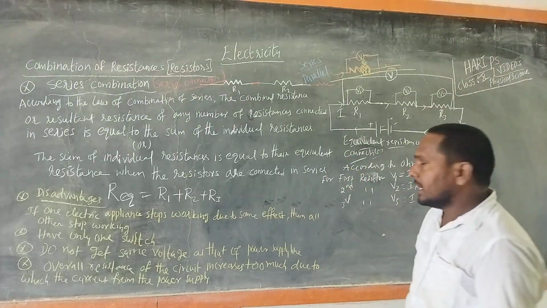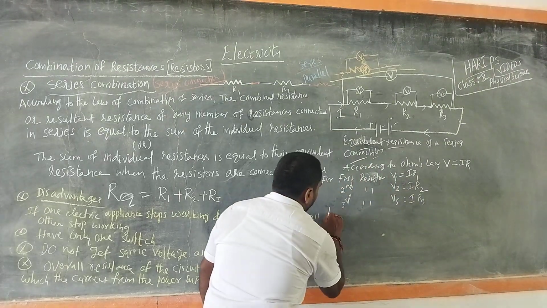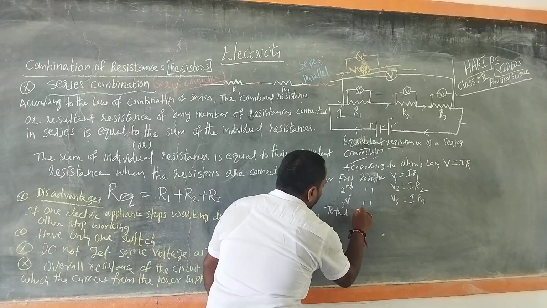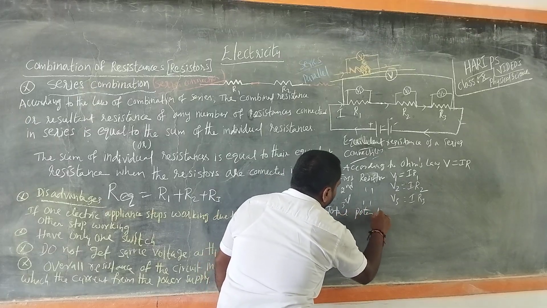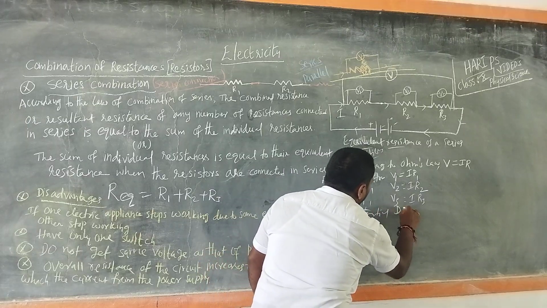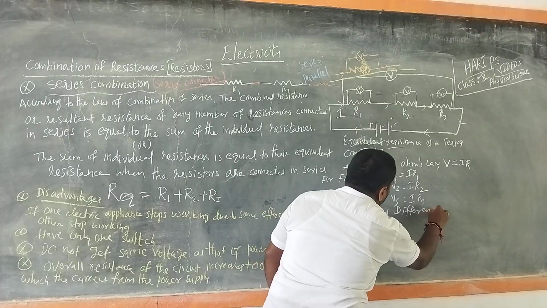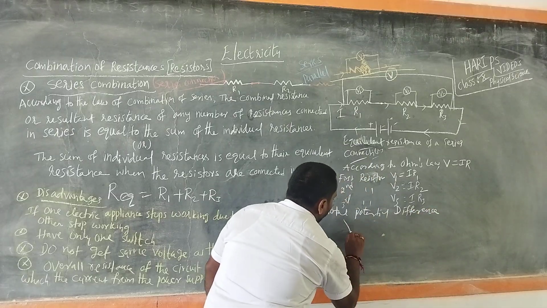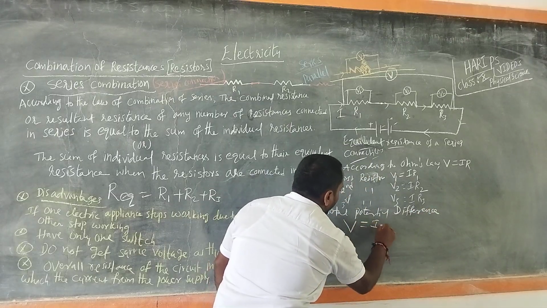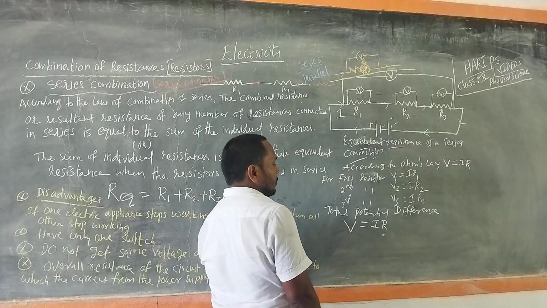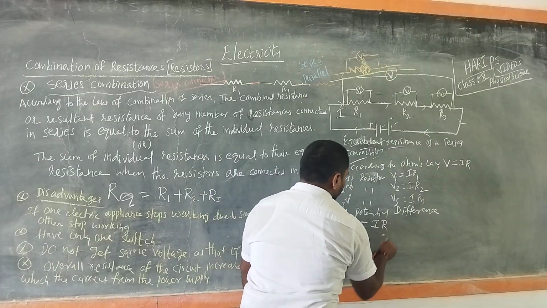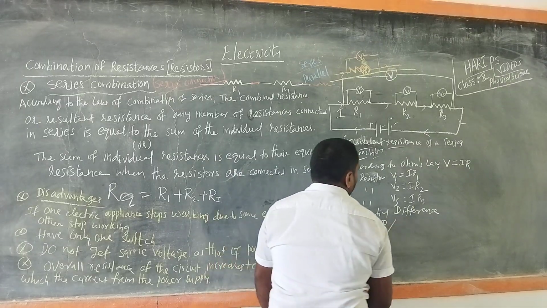Total potential difference V is equal to IR.